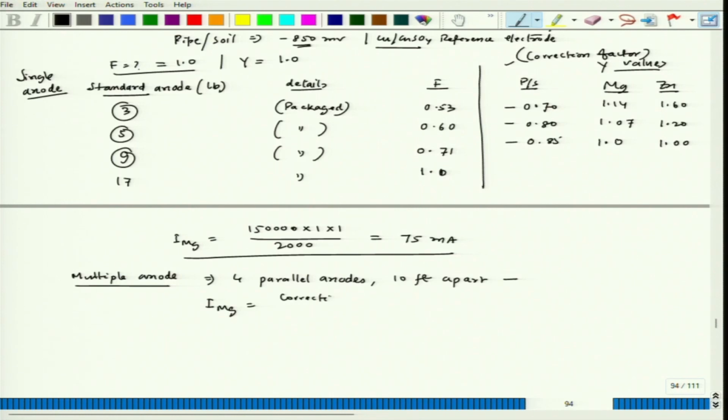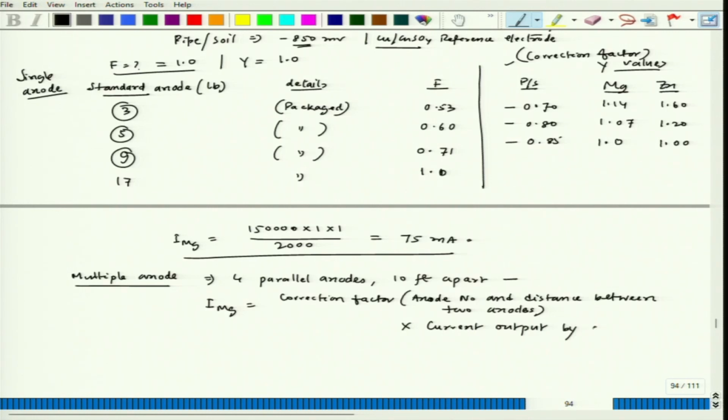A correction factor depending on the anode number and the distance between two anodes, and then the current that one anode gives. So this is the current output by one anode.